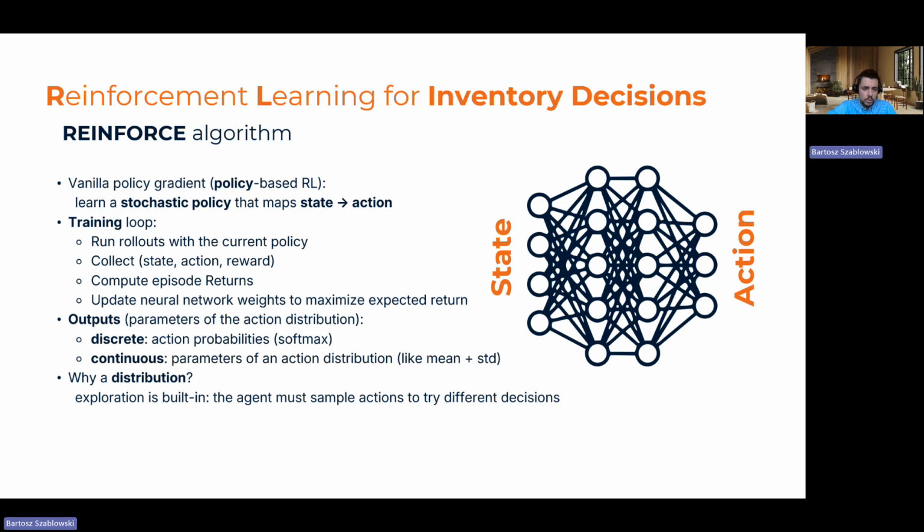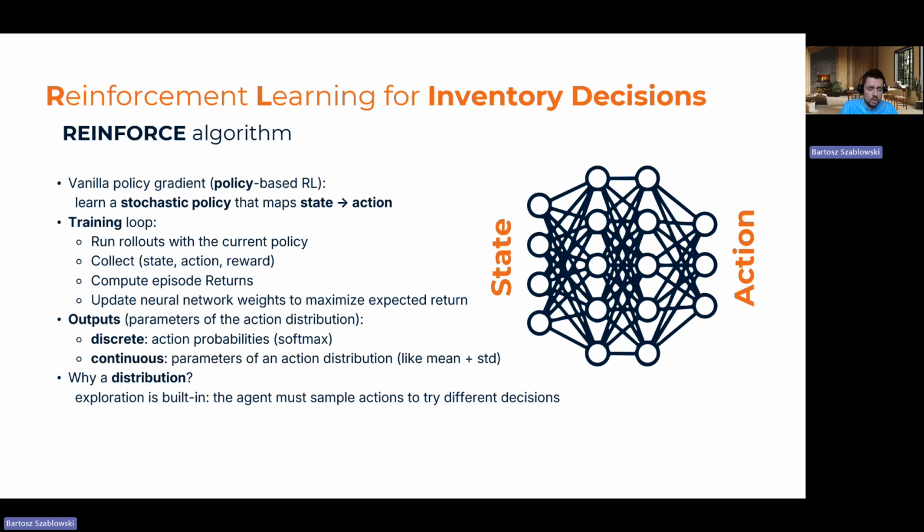What the model outputs depends on the type of the action. If the actions are discrete, the model usually returns probabilities of individual decisions, for example, through softmax. If the actions are continuous, as in my case, the model returns parameters of the distribution. For a normal distribution, it will be a mean and standard deviation.